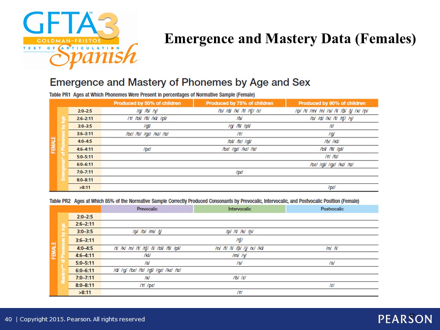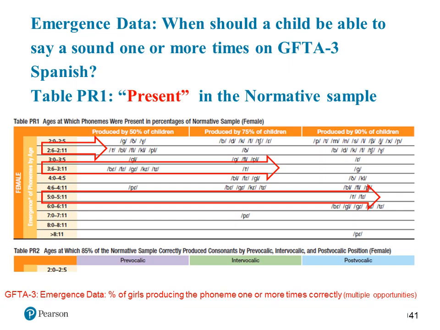Table PR1 at the top shows the ages at which 50%, 75%, and 90% of typically developing children use each phoneme in 1 or more contexts. You can compare the information to the examinee's performance. Table PR2 at the bottom shows age of mastery for each sound by gender.